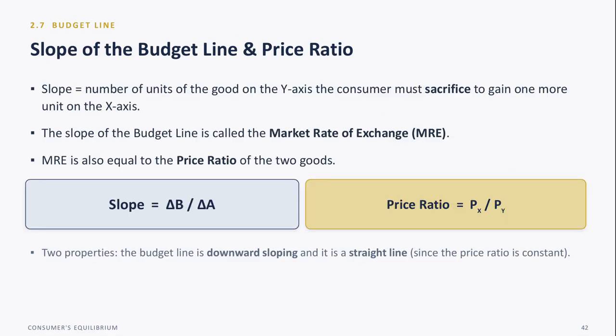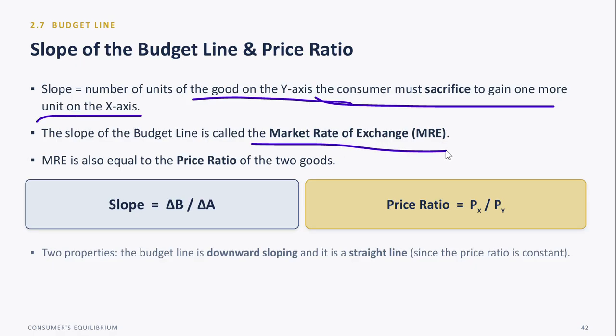So let us talk about the slope of the budget line and the price ratio. Slope is equal to the number of units of the good on the y-axis the consumer must sacrifice to gain one more unit on the x-axis. The slope of the budget line is called the market rate of exchange, or MRE. MRE is also equal to the price ratio of the two goods.